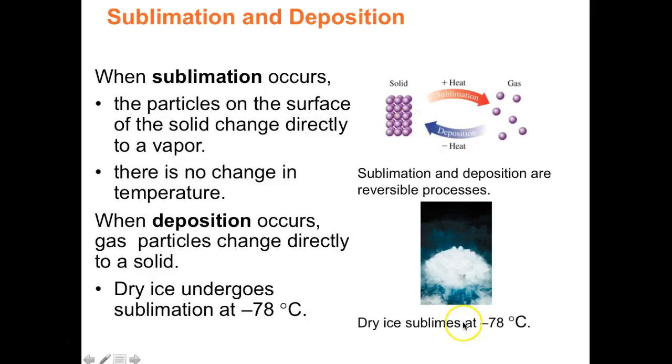Dry ice is sublimating at minus 78 degrees centigrade. So at room temperature, because it is subliming from the solid to the gas phase, it's going to be in the gas phase.